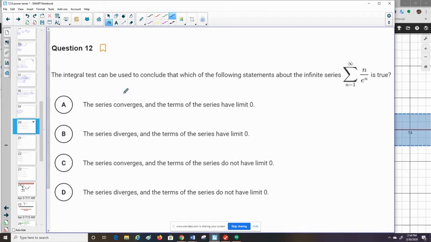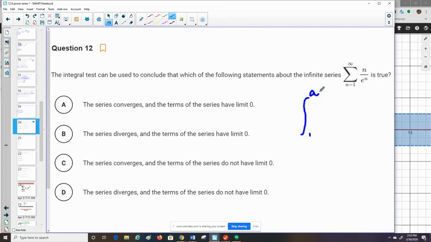This one looks familiar. The integral test can be used to conclude that which of these is true? Let's see. Oh, sorry, we can do this one. This is an integral that we can anti-differentiate. This is a good review for those of you who have gotten rusty with integration by parts. I would suggest that you take a look at how to do this integral using integration by parts.